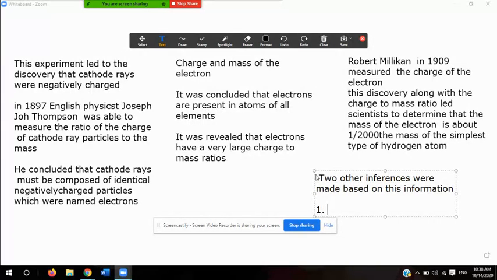One is that because atoms are electrically neutral, they must contain a positive charge to balance it out.